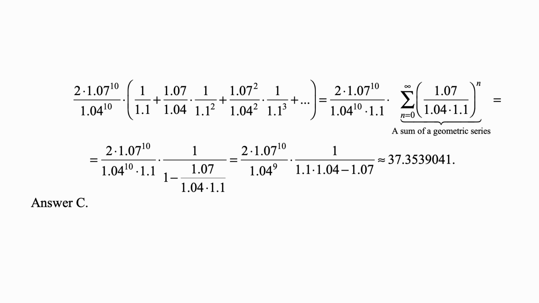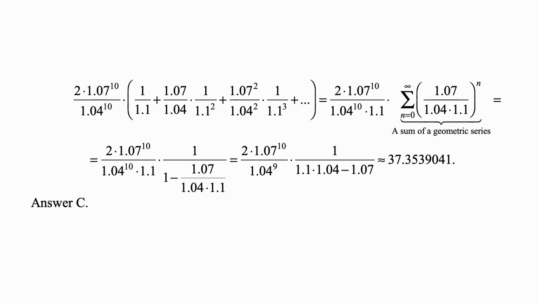So this becomes 2 times 1.07 to the 10th over 1.04 to the 10th times 1.1 times 1 over 1 minus the ratio of the series, which is 1.07 over 1.04 times 1.1.